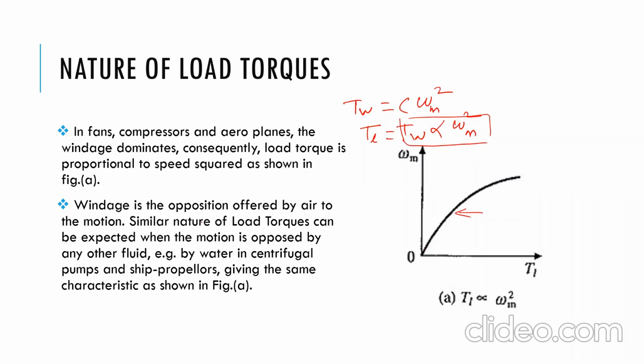Windage is opposition offered by air to the motion. A similar nature of load torque can be expected when the motion is opposed by any other fluid. In fans, compressors, aeroplanes, the windage is considered. But in examples like water in centrifugal pumps, there is opposition due to the flow of water, which is a fluid other than air.